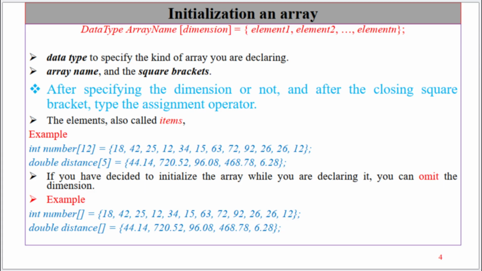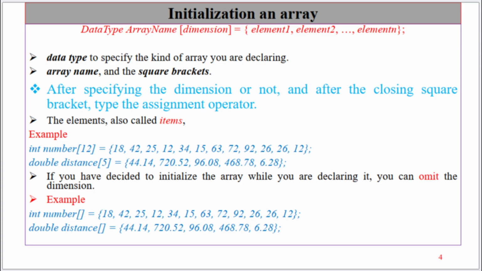double distance[5] = {44.14, 720.52, 96.08, 468.78, 6.28}. If you have decided to initialize the array while you declare it, you can omit the dimension.